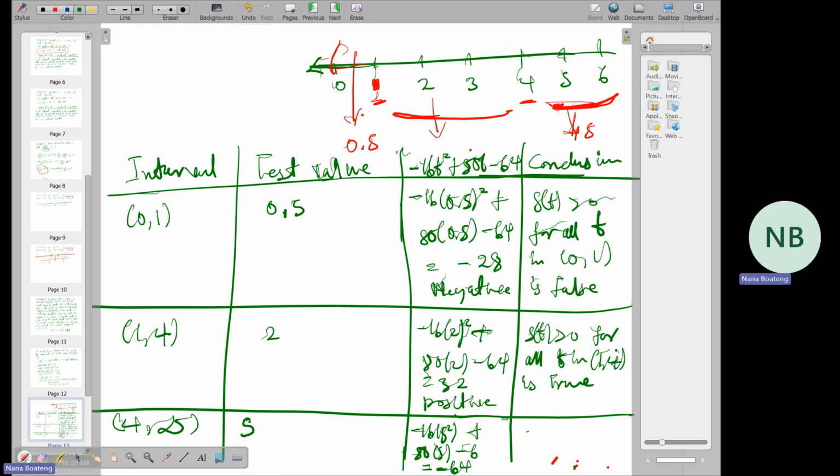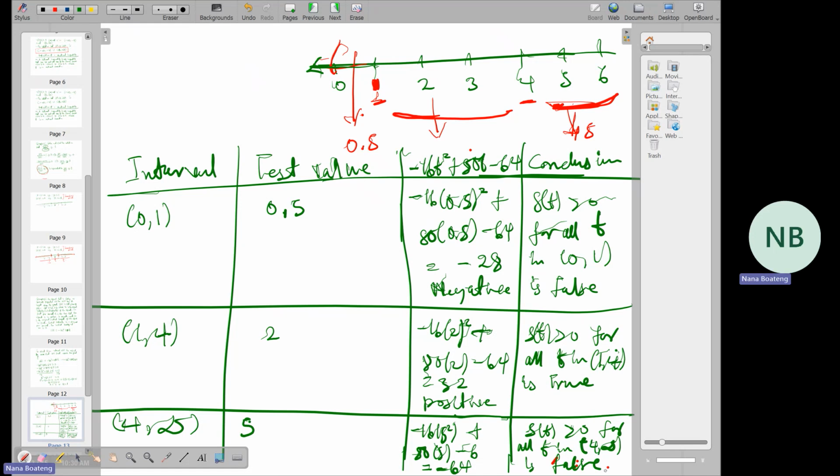So the statement s of t greater than 0 for all t in 4 to infinity is false.